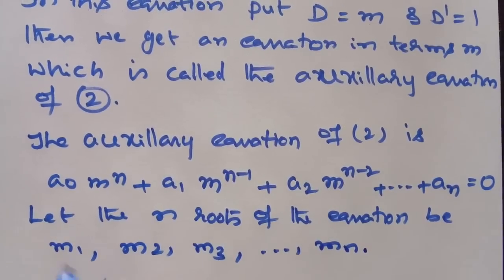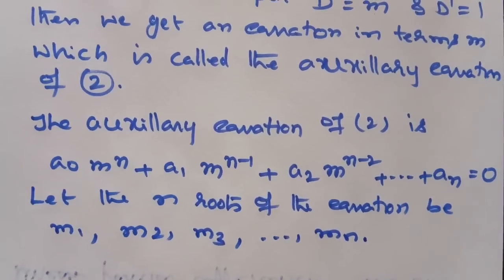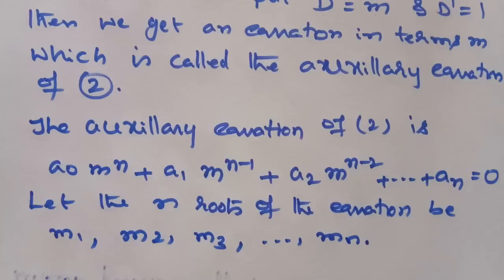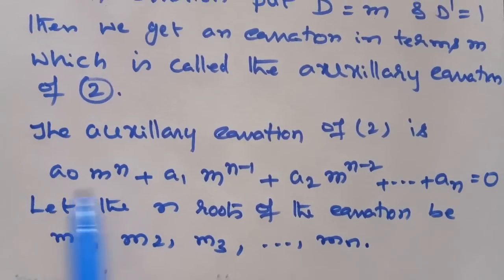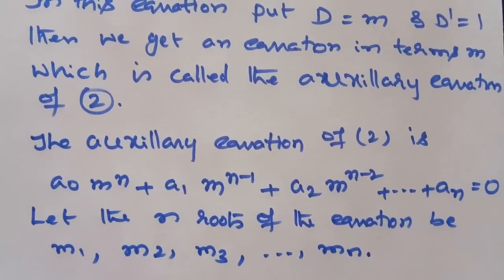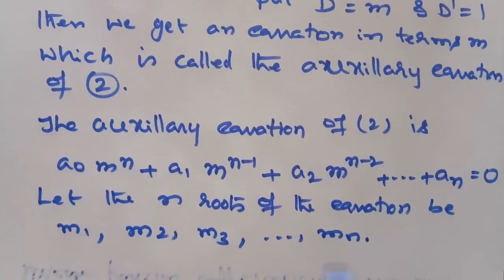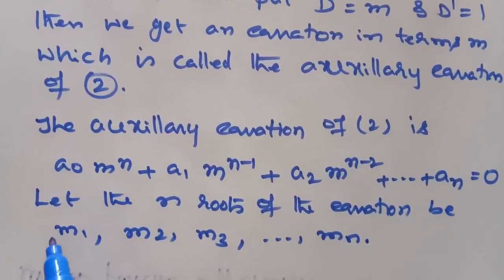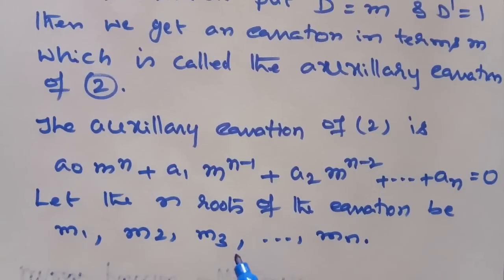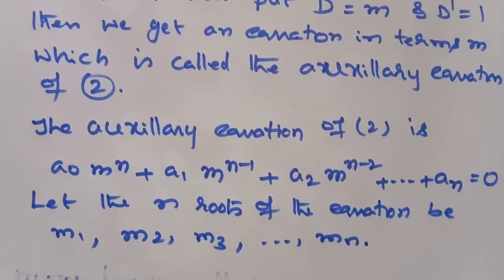By the fundamental theorem of algebra, an nth degree polynomial has n roots. Here this is an nth degree polynomial equal to 0, therefore it must have n roots. We are assuming those roots are m1, m2, m3 and so on, mn.